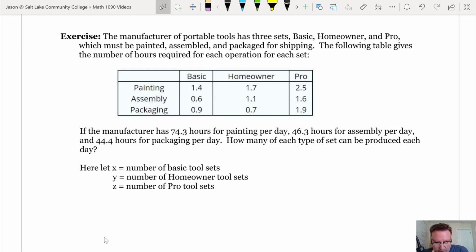So the manufacturer has some constraints here, which we need to satisfy. And we can solve these kinds of constraint problems using linear algebra.